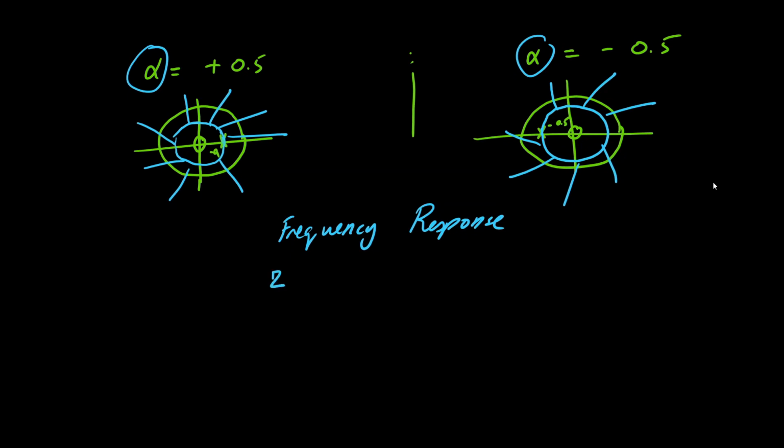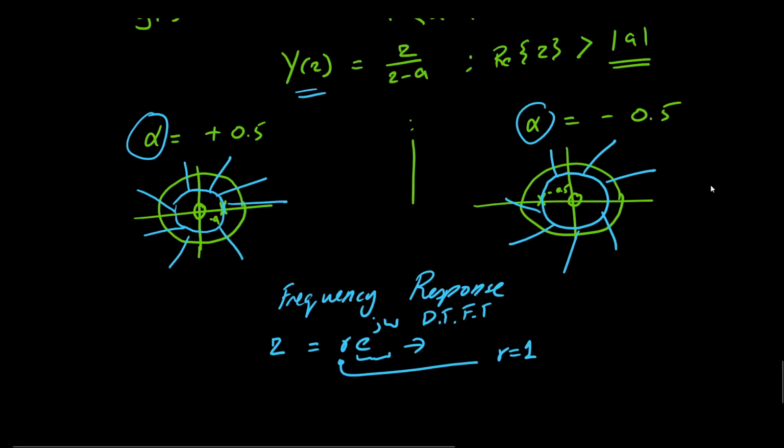So we mentioned that z is equal to r e^{j omega}, and the translation from z to the discrete time Fourier transform is by means of this r. Then we set r equal to 1, so we would simply have e^{j omega}. Hence we can have Y(e^{j omega}) as the frequency response, from where we can find the magnitude and the phase.